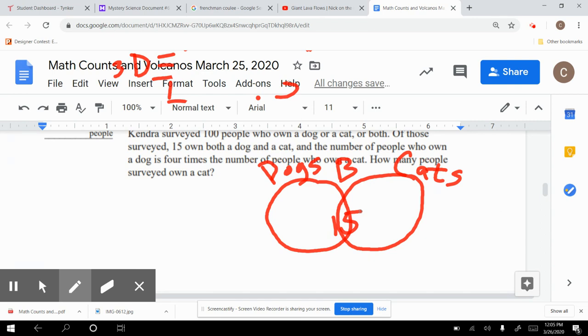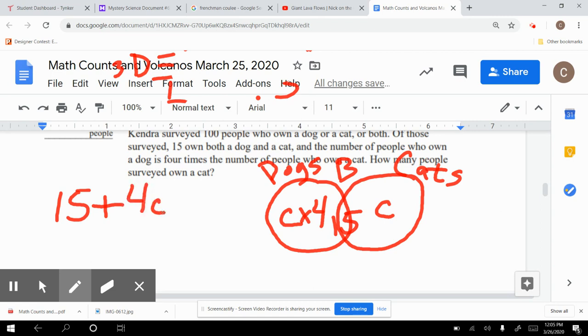So there's a couple ways of thinking about this. I can make cats a variable and call it C, and I know that C times 4 is going to be my dogs. Now let's do this. So if we have 15 people who own both, plus 4 C's.